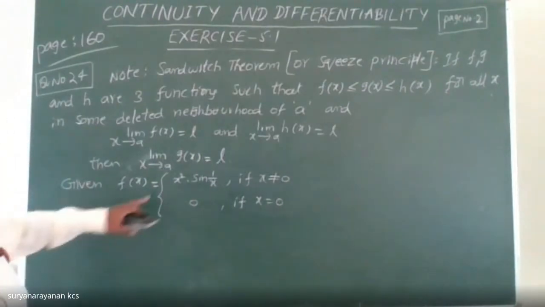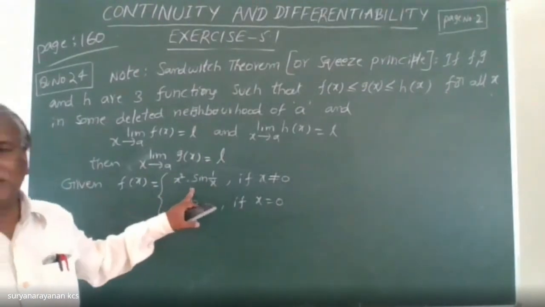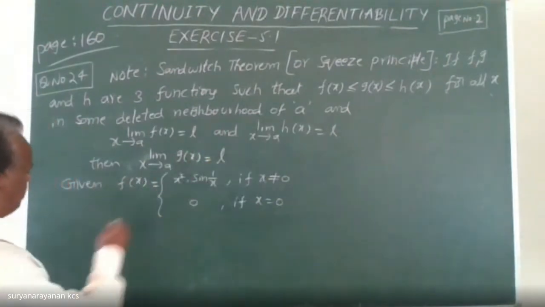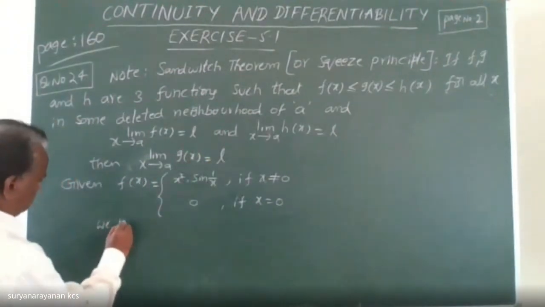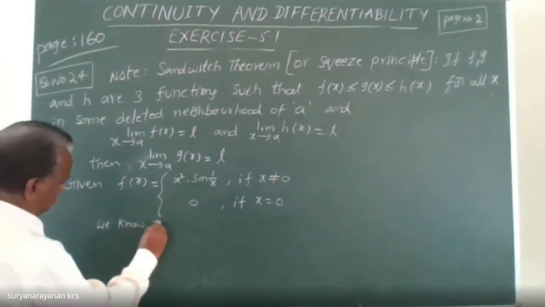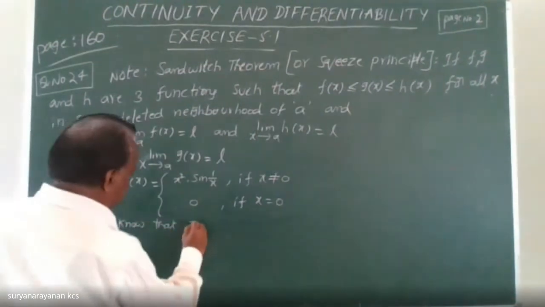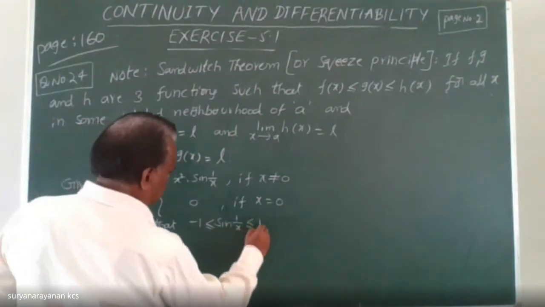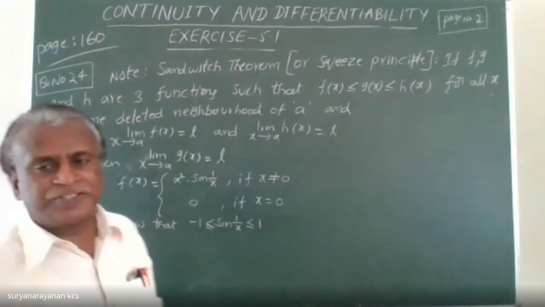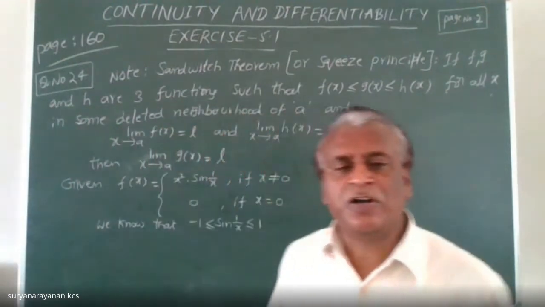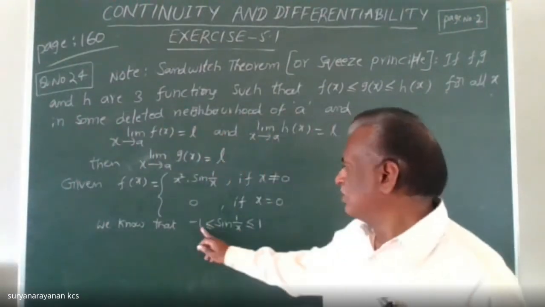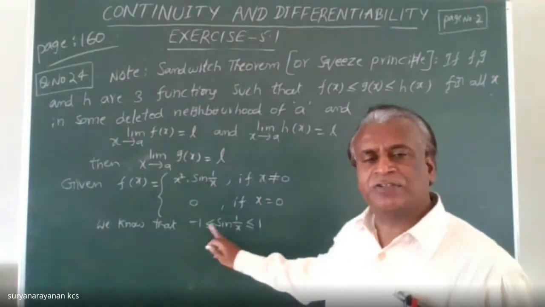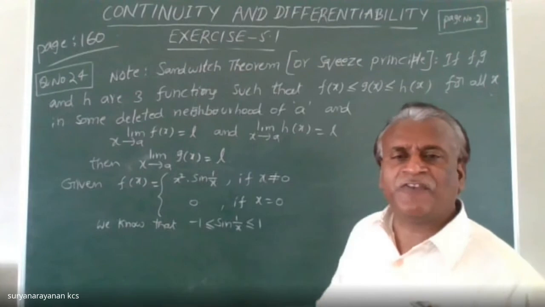So, directly we cannot find the limit of this function. That is why we are using this concept. We know that the sine function values always lie between -1 and 1. What is the range of the sine function?